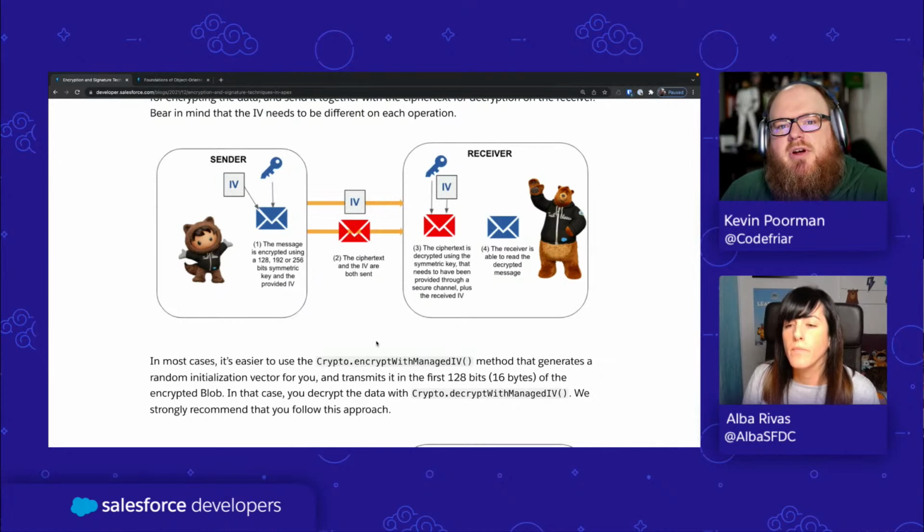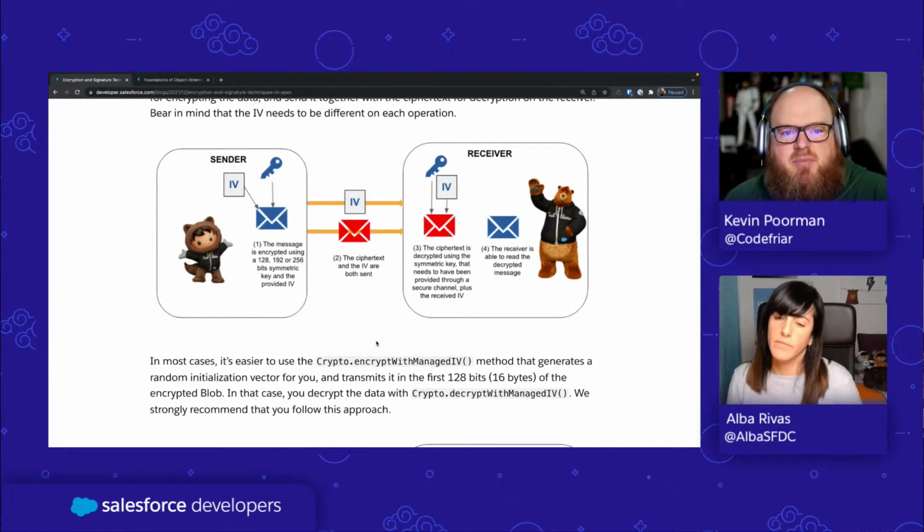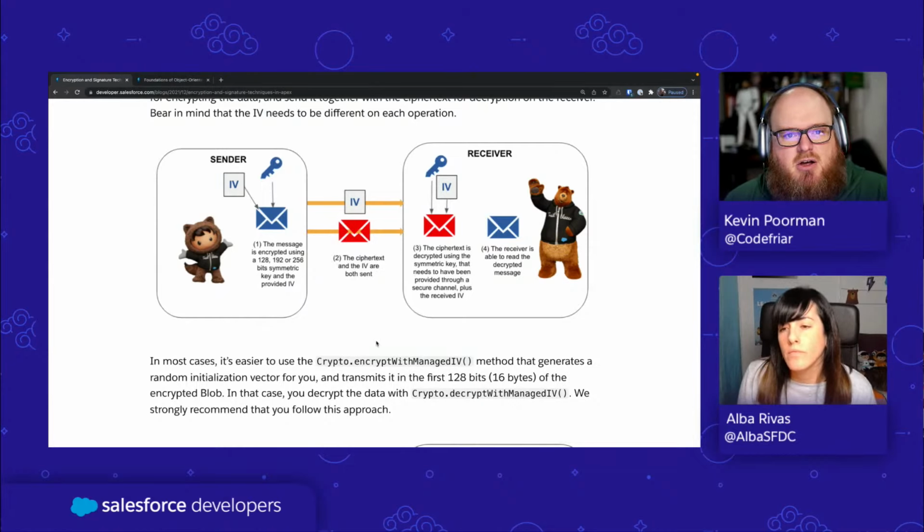I'm trying to come up with a great way to explain what an initialization vector is, because it's not necessarily the password to decrypt your message. It's sort of a ride-along bit of information that the algorithm uses to initialize its key components.